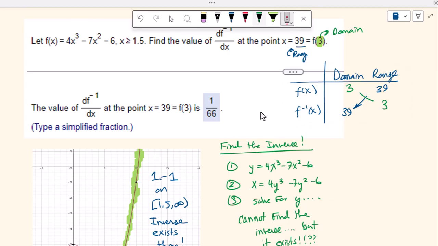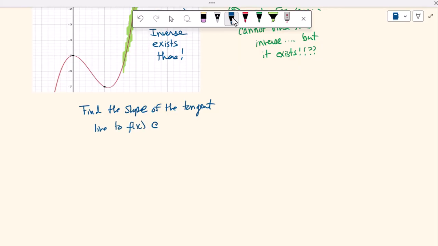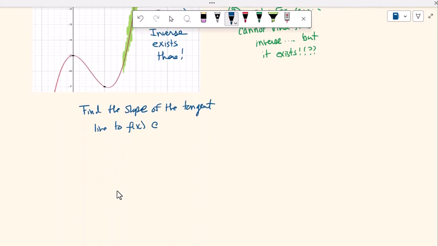Okay, so let's get to work down here, trying to not necessarily focus in on that formula, but kind of thinking our way through this. So if I could find the slope of the tangent line to f of x, my original function, at the point, and again that point was up here, it is (3, 39).